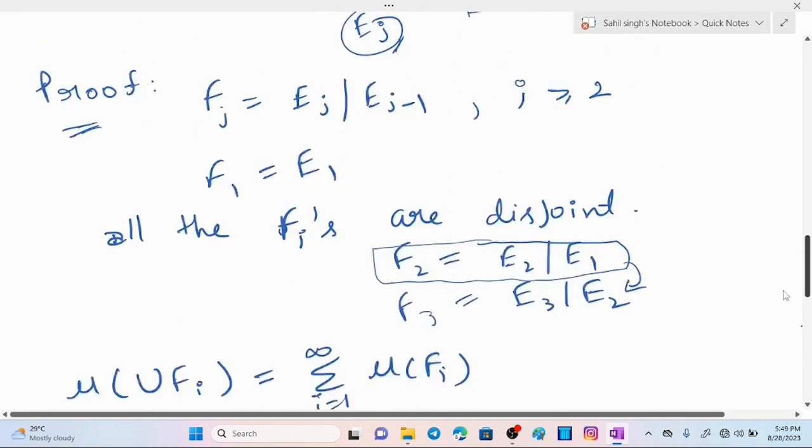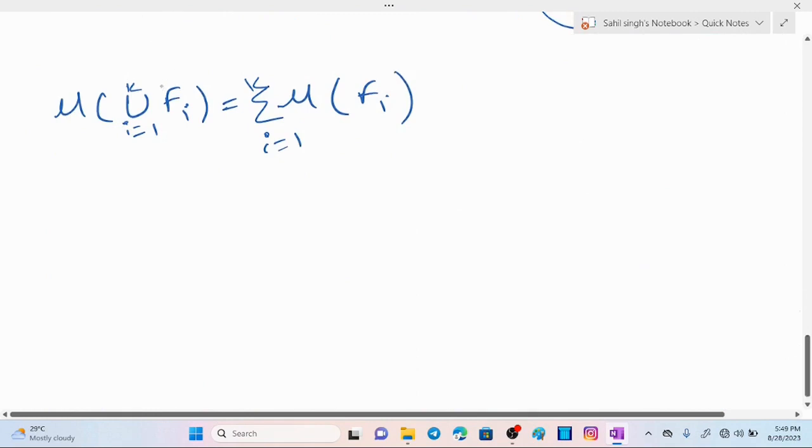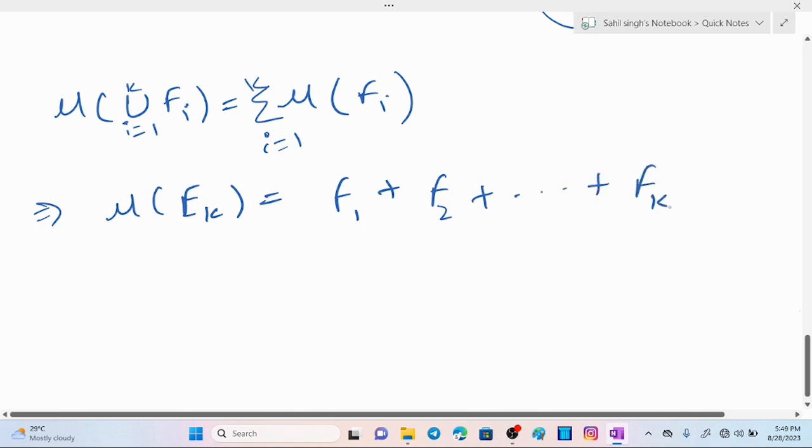Okay, so this implies mu of ek equal to, like f1 plus f2 so on plus fk.